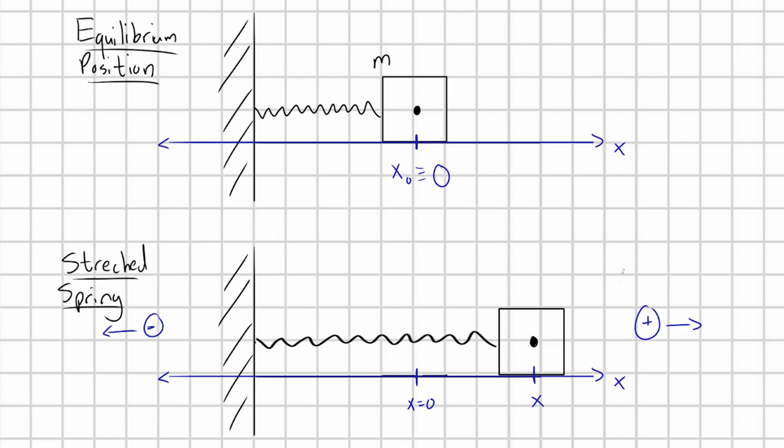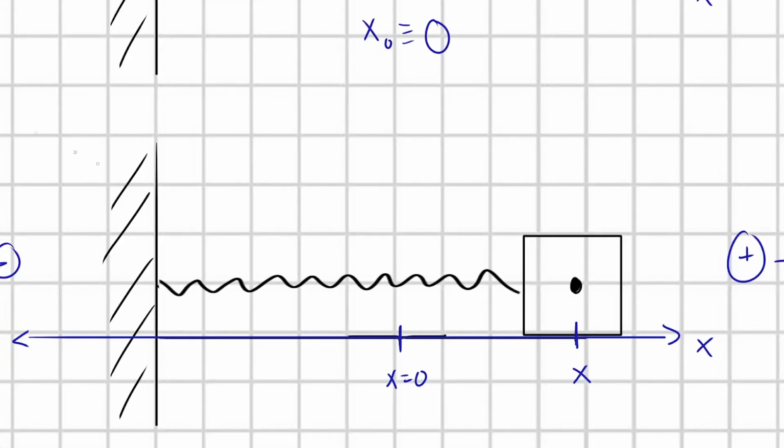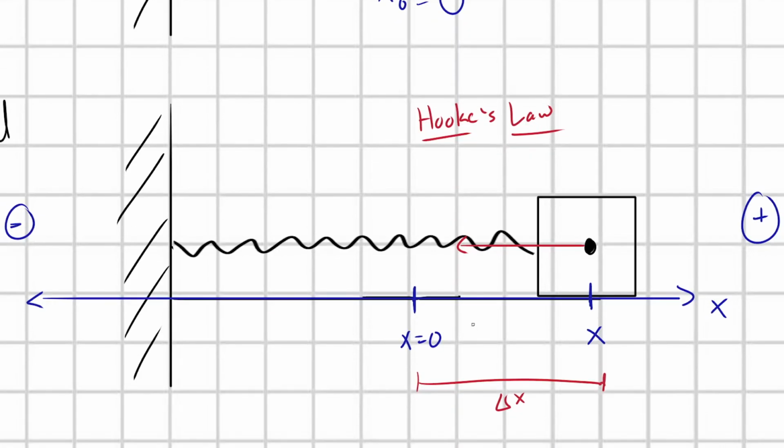And so I'm going to define this spring as a Hooke's law spring. In every physics situation, we're trying to come up with a model of nature. So in the Hooke's law model, if I displace my cube on this spring by some displacement delta x, but because my initial position is 0, this is just x.